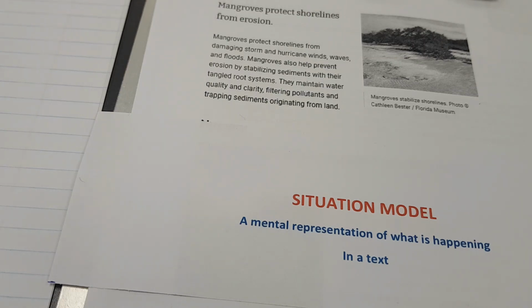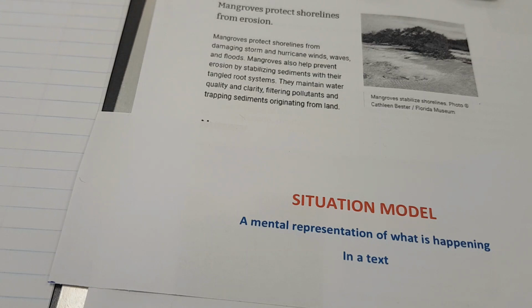In the process of doing that, I make a situation model, which is a mental representation of what is happening inside of the text. What is the text talking about? My mental ability to reconstruct that thing that the writer put on the page or on the screen depends upon my ability to recognize what is happening in the sentences, right? And if I'm able to do that, then I could construct a situation model. So that really is the purpose of comprehension strategy instruction.